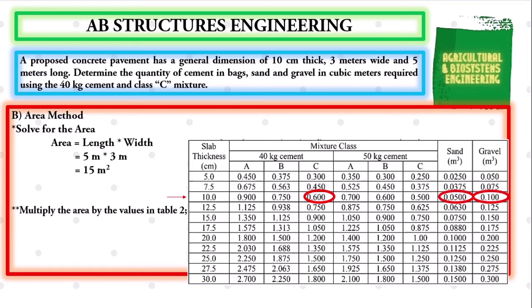We have the 10 centimeters thickness, cement of 0.600, which is under type C mixture and 40 kilograms. We have 0.0500 for the sand and 0.100 for the gravel. We will be using these values to solve for the quantity of the cement, sand and gravel necessary for our concrete slab.